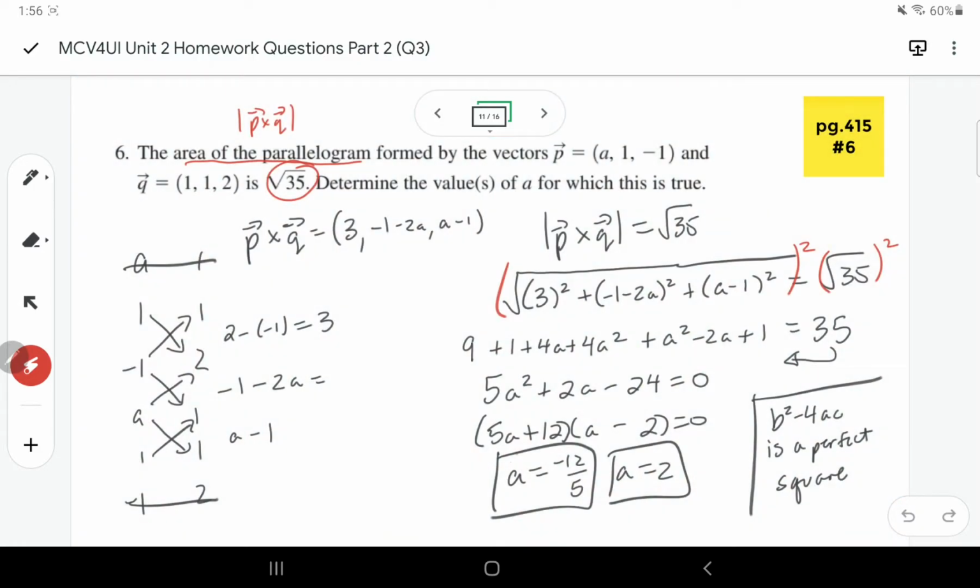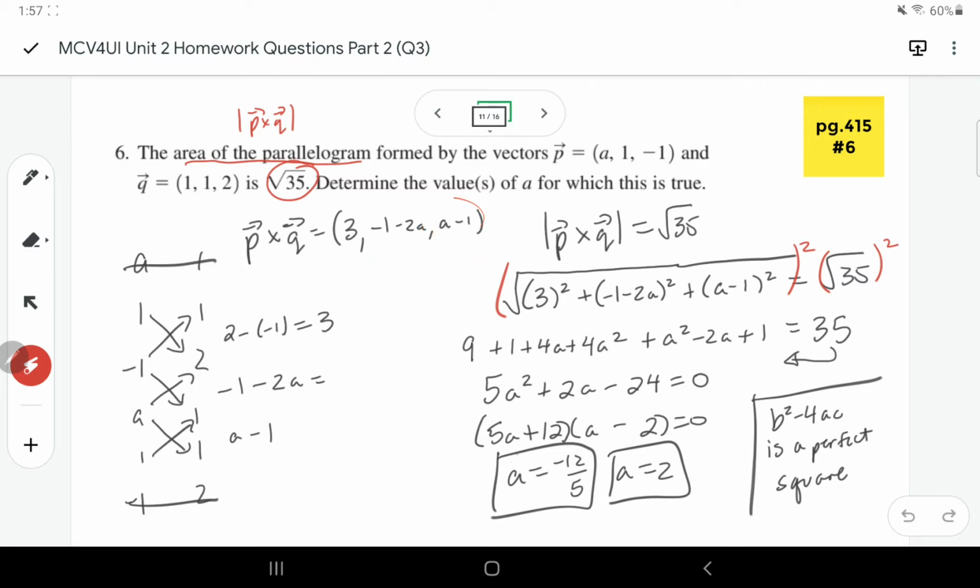With this one, we're just going to use the identity that the magnitude of the cross product is the area of that parallelogram that would be formed. Now, we're just using vectors P and Q, including that variable of A, to find the value of P cross Q, which is going to have components.